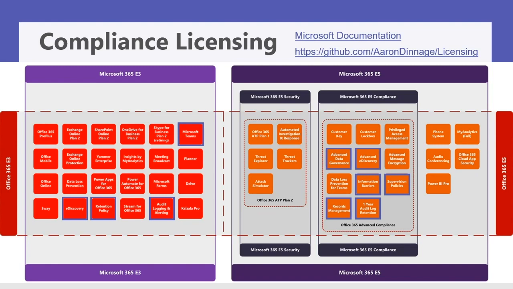We have information barriers, which we'll go over in the next section. Supervision policies, which have been recently renamed to communication compliance, records management, and then the audit log is available for 1 year instead of 90 days. Now, throughout the presentation, I'll remind you whether this is an E3 or an E5 feature, so you can tell whether or not you have access to it.